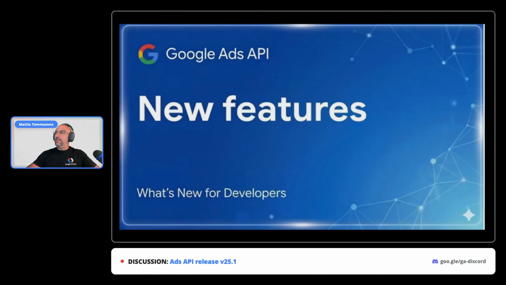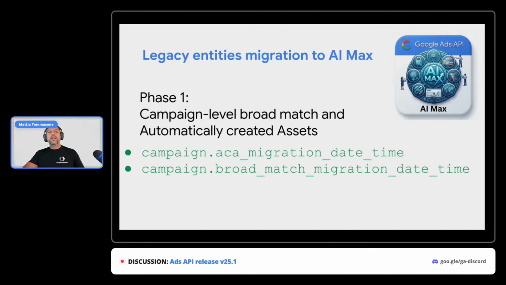And actually, in V25.1, I just have one feature that I want to highlight, and it's about the migration of campaign level broad match and automatically created assets, or ACAs, to AA Max.